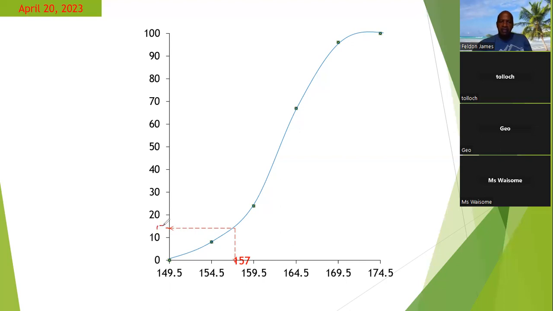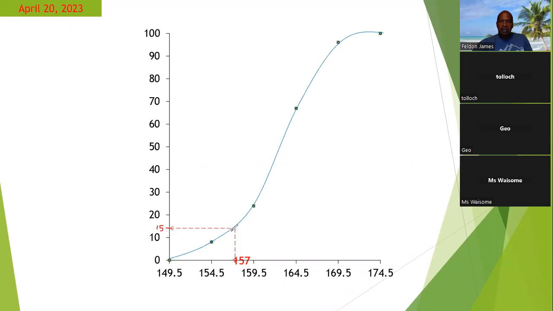but because the question asks for height less than 157, that means that you could not include this 15 that we would have estimated here, because this 15 tells you the number of men whose height would be 157, but we want the number of men whose height would be less than 157. So you think of a value which is less than 157. So you can think of 156.